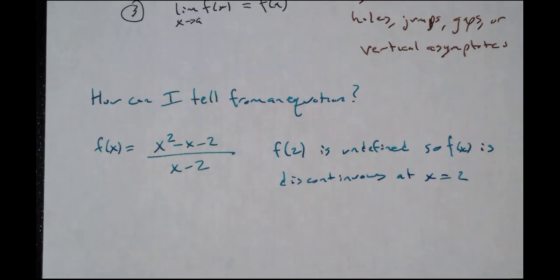Now, the real question then becomes, is there anywhere else that this might get messed up? And then it becomes a question of thinking about what the function can be reduced to, if it can. Remember, we said if we could replace the function with something else, then we could go ahead and plug in.